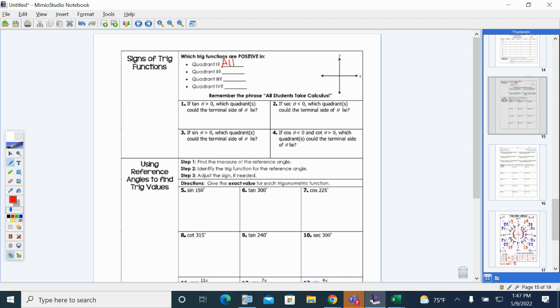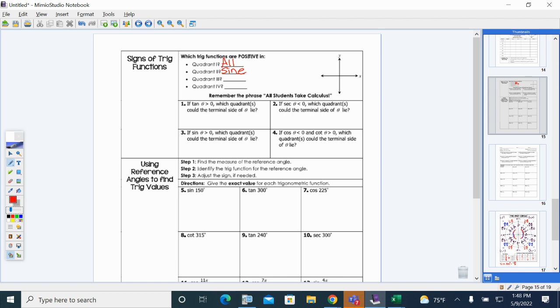When in quadrant 2, think about quadrant 2, the x value is negative. The y value, or the y coordinate, is positive. So if the x is negative and x is the cosine, then sine is going to be positive because the y is positive, so sine is positive.